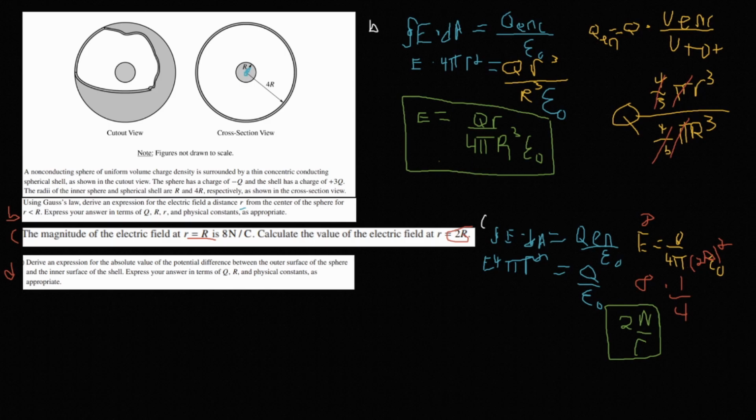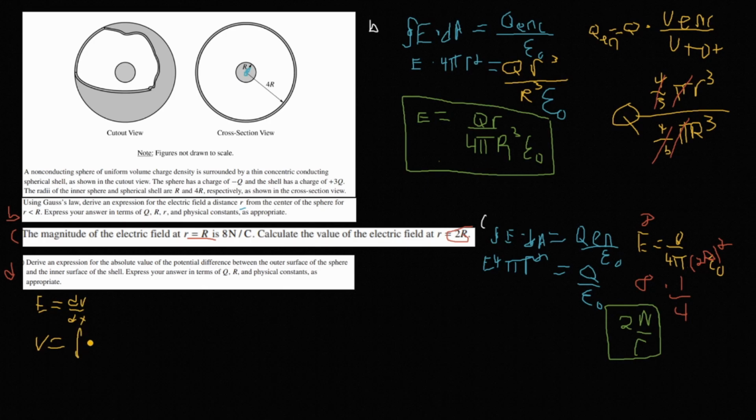Alright. So I guess I'll do this one in yellow. So derive an expression for the absolute value. So we need to find the potential difference. Let's see. So the electric field is dV dx. So V would be equal to moving dx to the other side and integrating it.